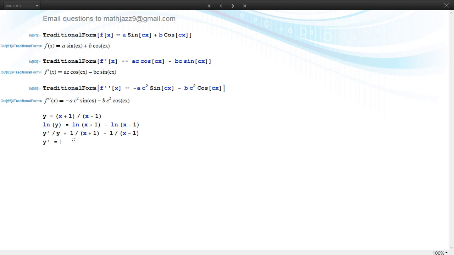But we'll do it this way. It's one less line of writing. So we get our original function times the right-hand side of this equation. So there.